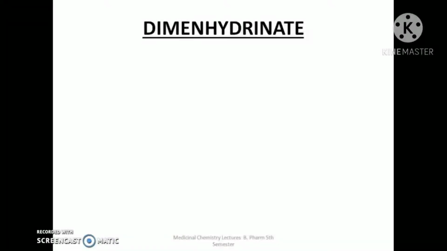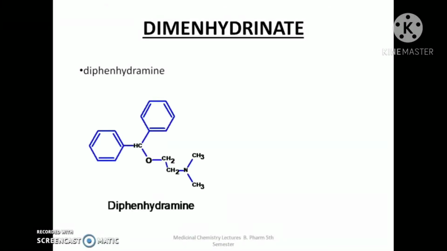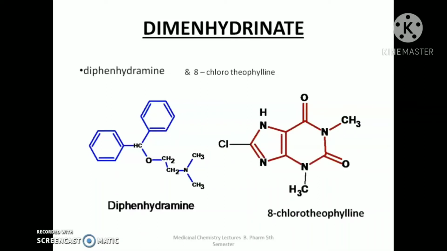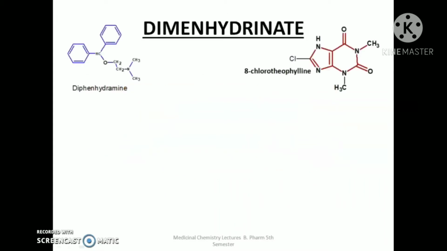Now we'll discuss dimenhydrinate. Dimenhydrinate is diphenhydramine and 8-chlorotheophylline in equimolar proportions. So it contains, in addition to diphenhydramine, 8-chlorotheophylline. 8-Chlorotheophylline is chemically a dimethylxanthine. Xanthine derivatives include caffeine, which is trimethylxanthine, so they have CNS stimulation activity.